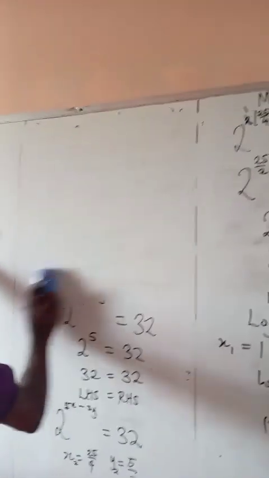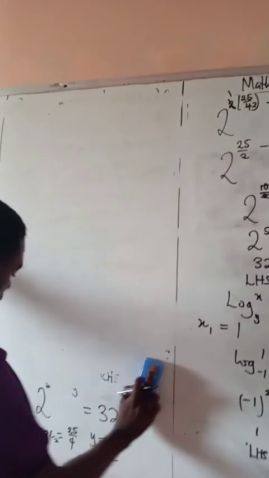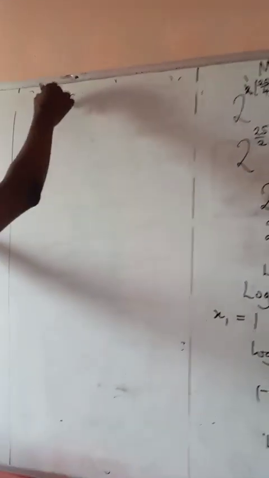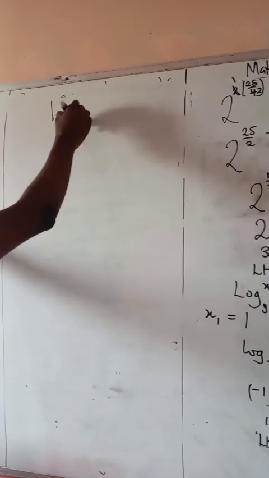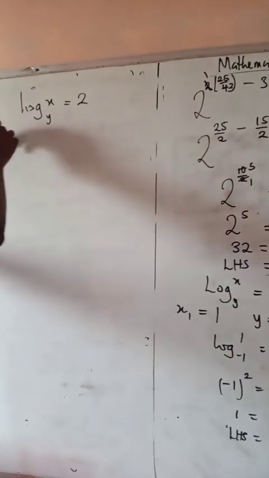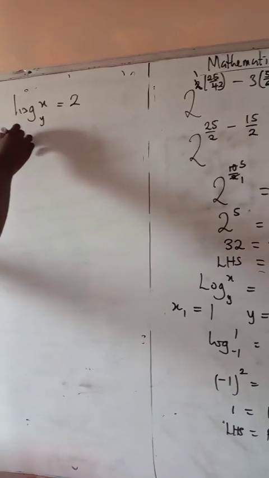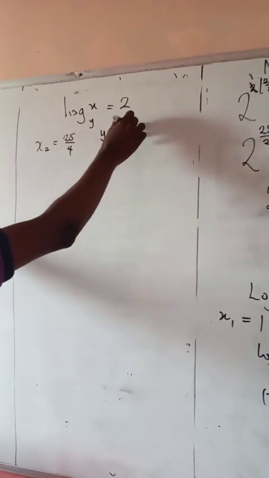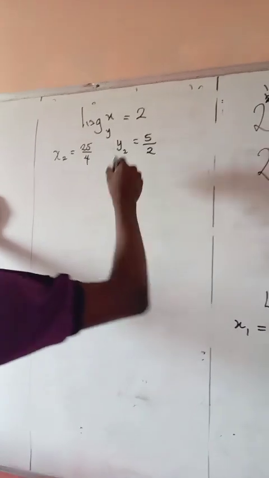Now, for the second value of x and y, we have log x to base y is equal to 2, where x2 is equal to 25 over 4 and y2 is equal to 5 over 2.